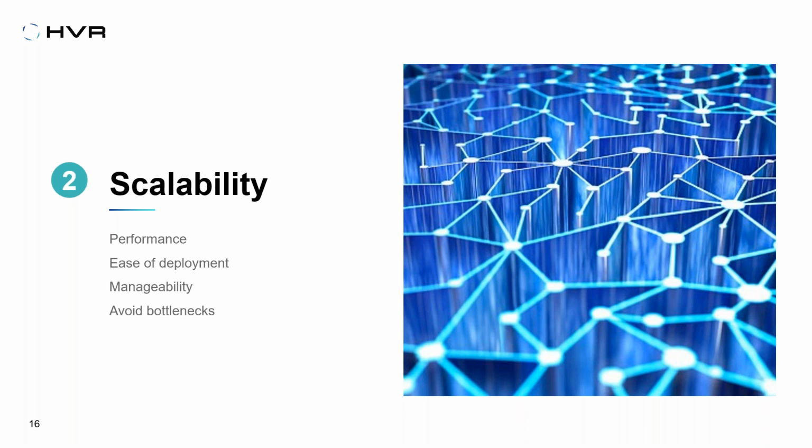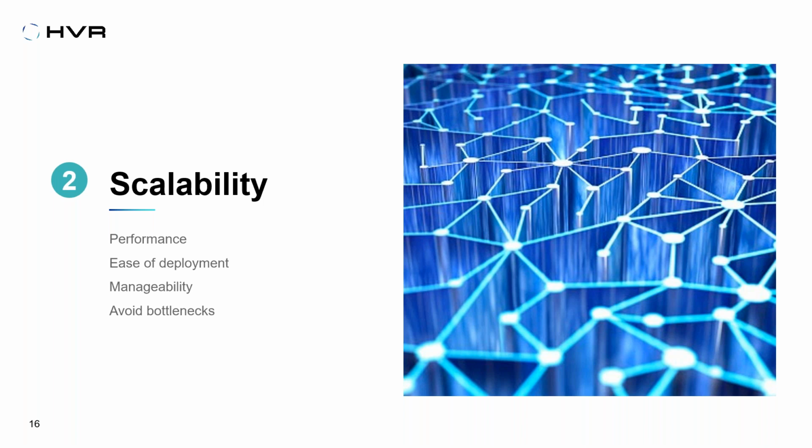Also, do we avoid bottlenecks, right? Like if there is a centralization point, is that potentially becoming a bottleneck in the very short term? Or does it scale well? Does it scale out? Does it scale in the distributed environment?